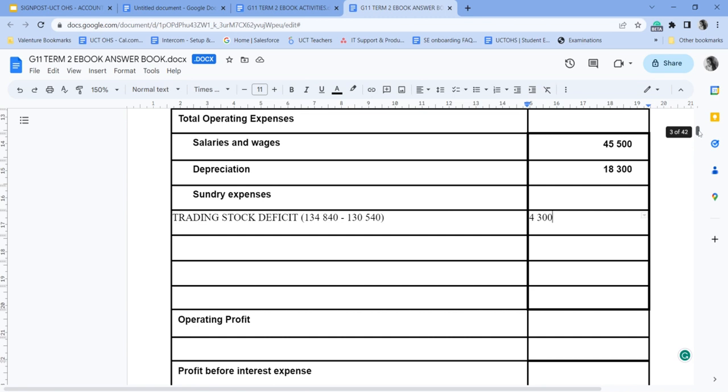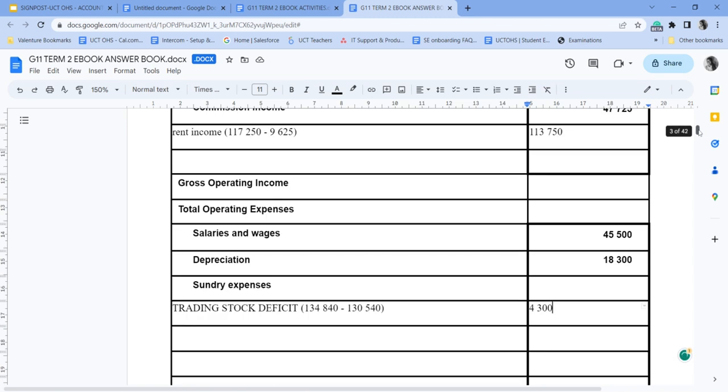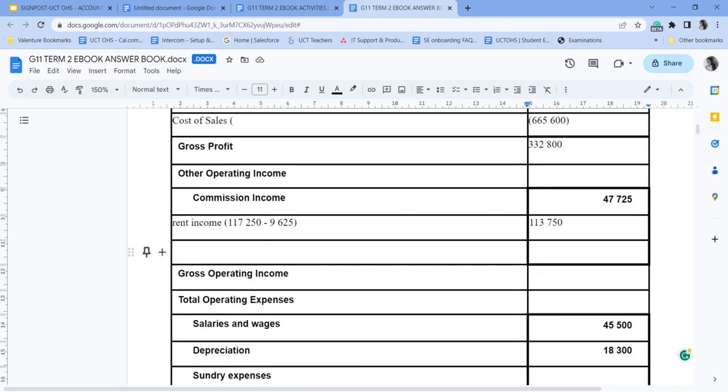So I highly advise you, before you even progress with everything, to do your provision for bad debt as well as your trading stock deficit or trading stock surplus, so that you figure out where it goes. Anyway, let's continue. So here I'm going to say provision for bad debt adjustments, and then I'll open my bracket and say 3,936 minus 3,438.